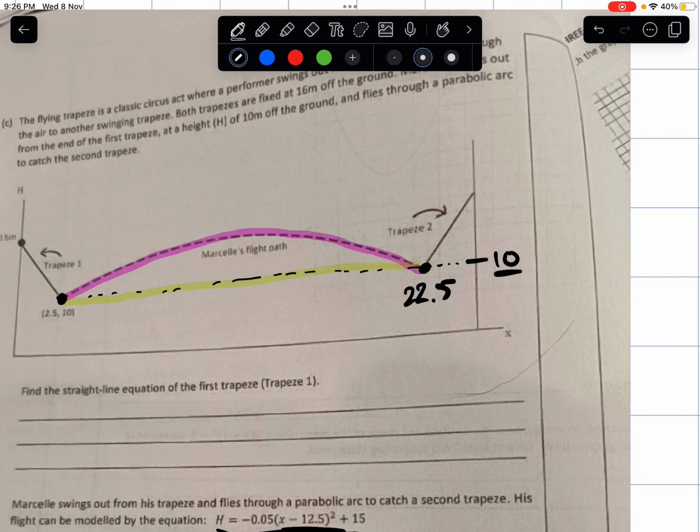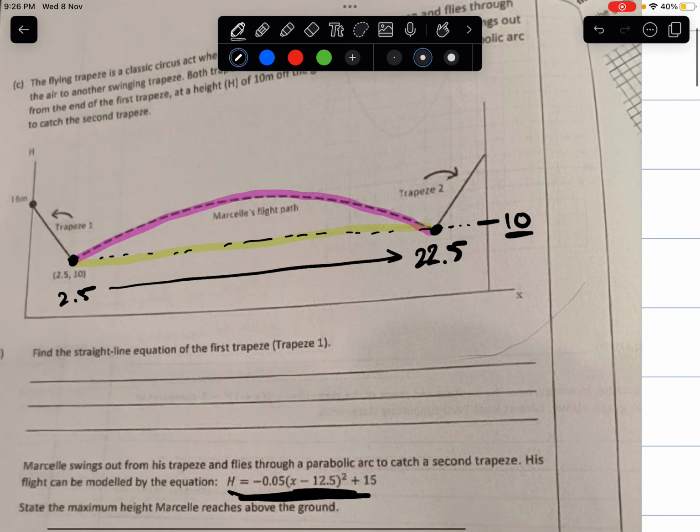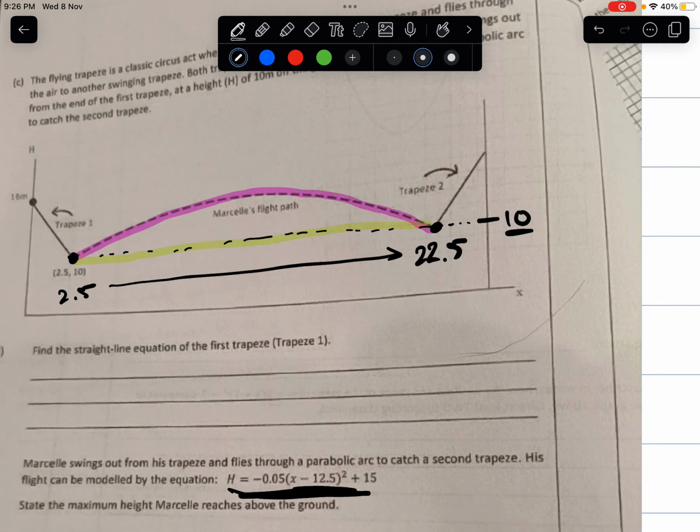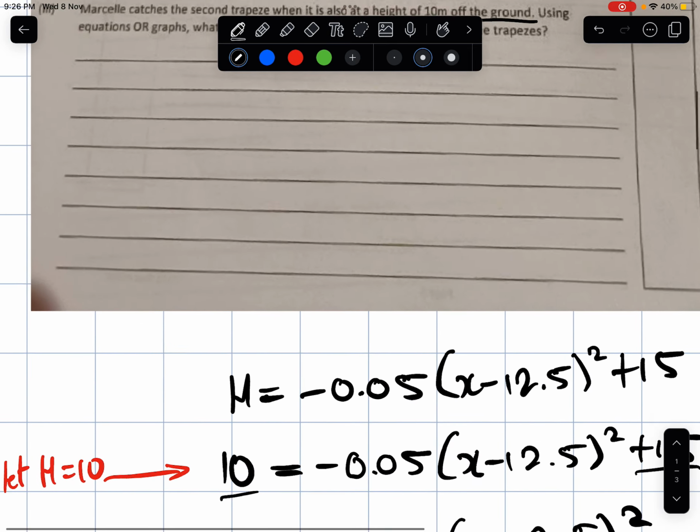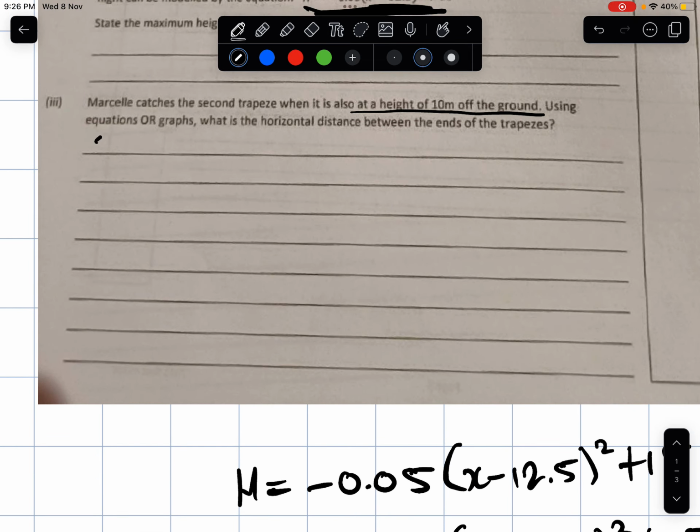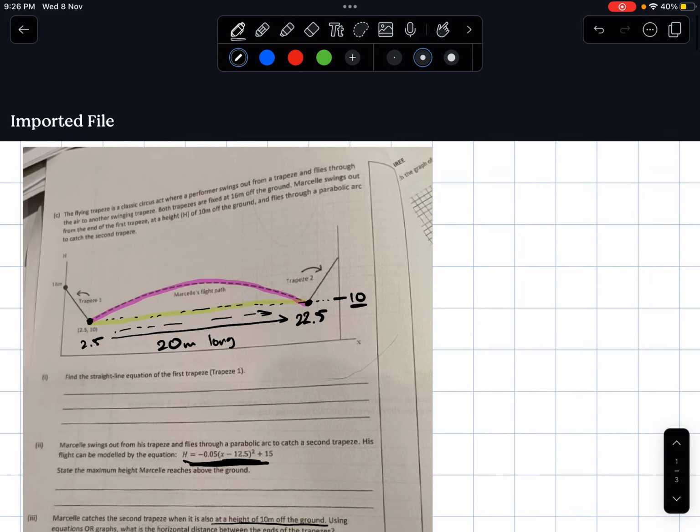So if this x value is 2.5 and this goes all the way to 22.5, it's 20 meters long, right? Because it's adding 20 meters to get from here all the way across to there. Therefore, 20 meters long. Sweet. And that's the last one.